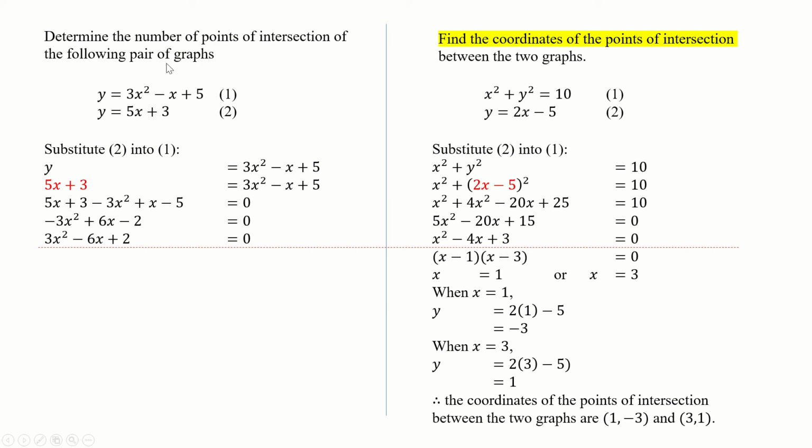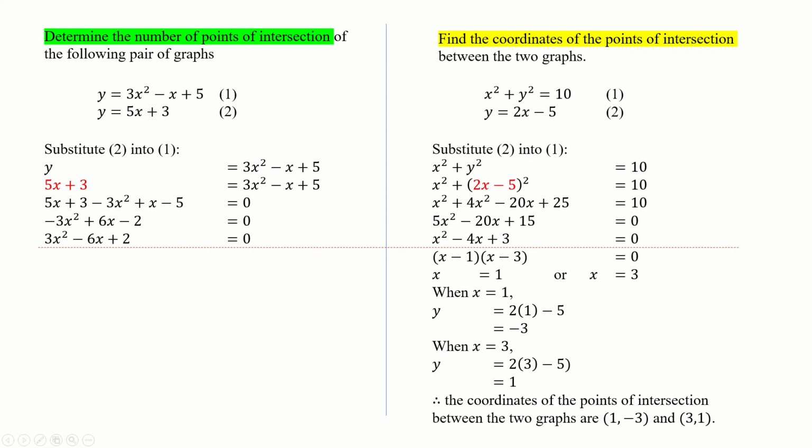But in this new question, we just have to determine the number of points of intersection. So we don't actually have to find the exact values of x and y like in the previous question. This is the juncture where the two workings will differ.